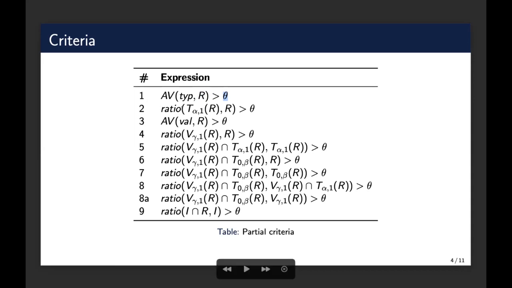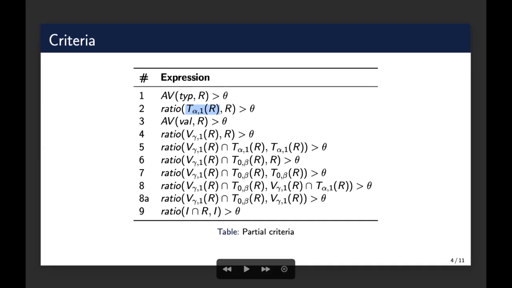So the second one, another example, we have the ratio we are comparing. We need two sets. This is the first one of them. We are using the typicality function with a given alpha value. This is the lower limit, and the upper limit is 1. 1 is the highest membership for an item to a given class of artifacts.